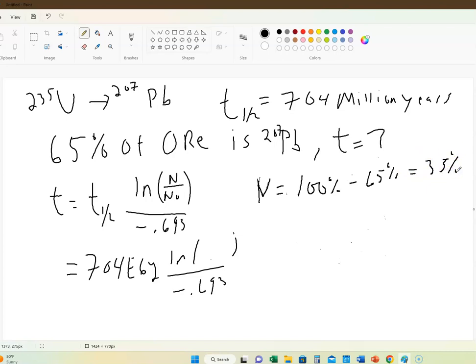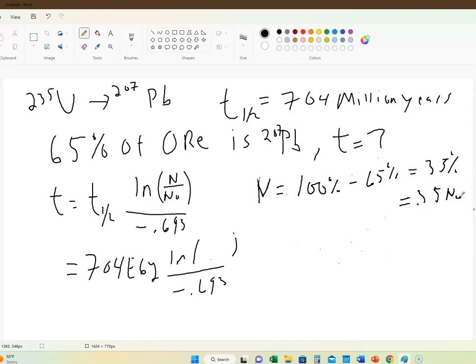So that's what N is. N is 35%, and what it really is, is 35% of the original amount. So that's really 0.35 N sub 0. That's what N is equal to.